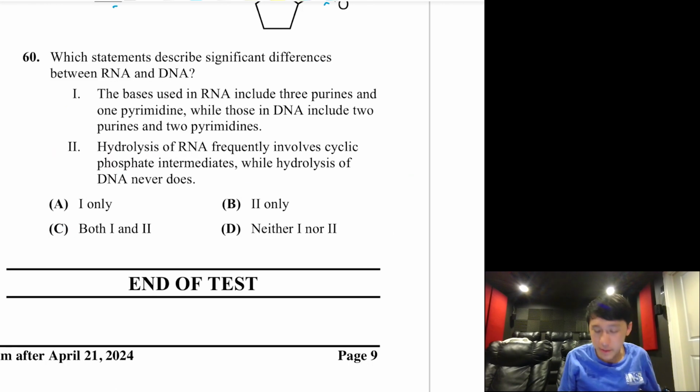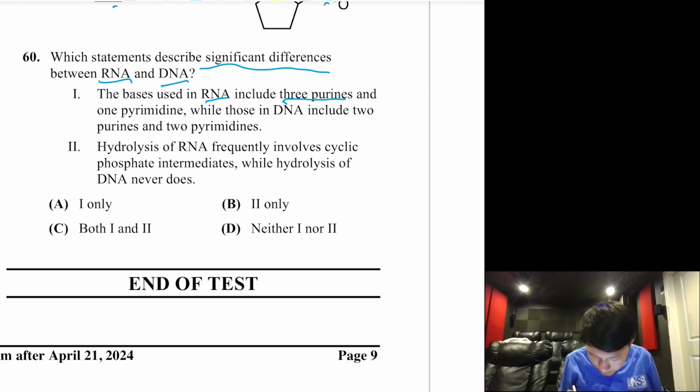Problem 60. Which statements describe significant differences between RNA and DNA? Statement 1. The bases used in RNA include 3 purines and 1 pyrimidine, while those in DNA include 2 purines and 2 pyrimidines. And statement 2 is, hydrolysis of RNA frequently involves cyclic phosphate intermediates, while hydrolysis of DNA never does.